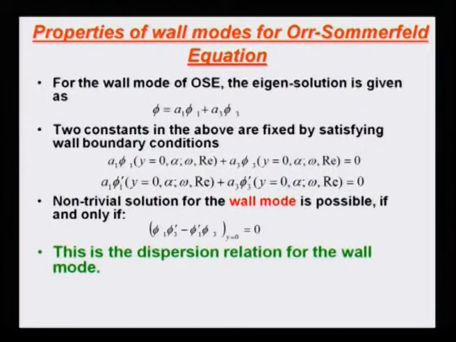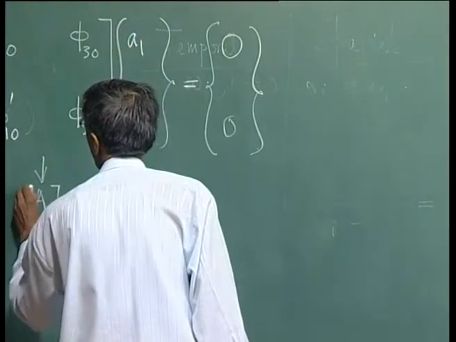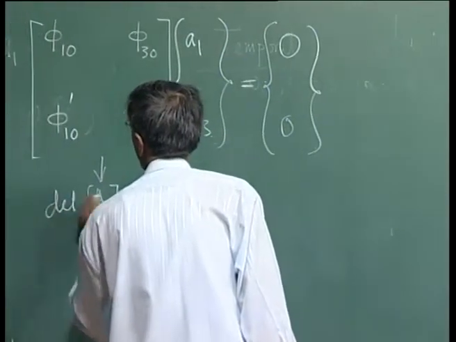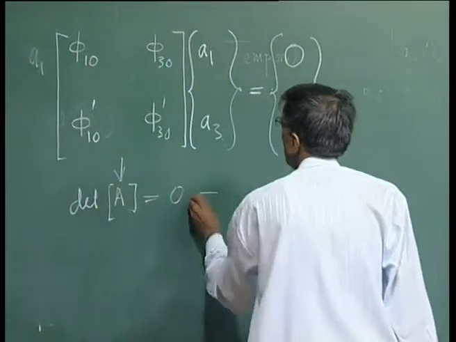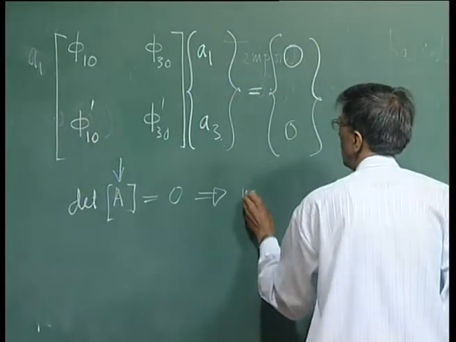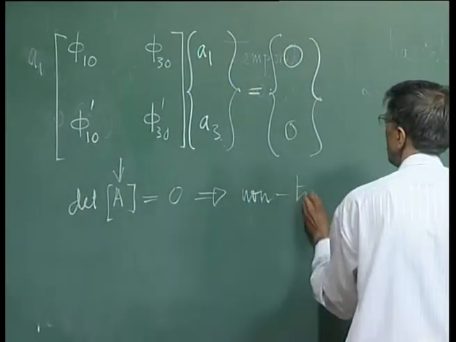So, if I call this the A matrix, the determinant equal to 0 corresponds to a non-trivial solution.